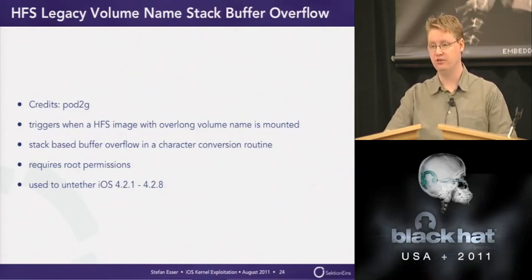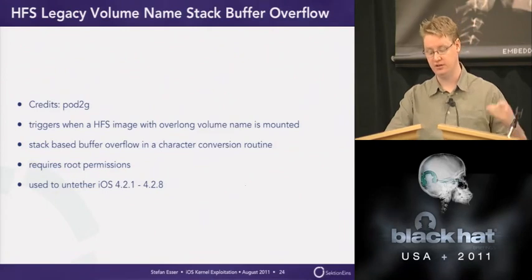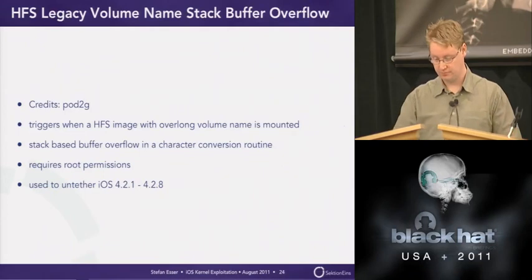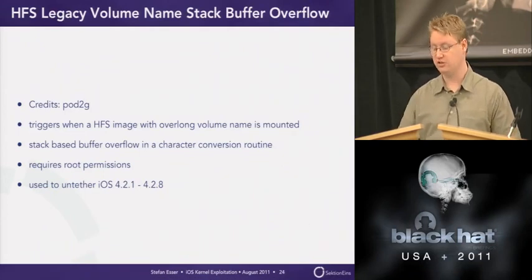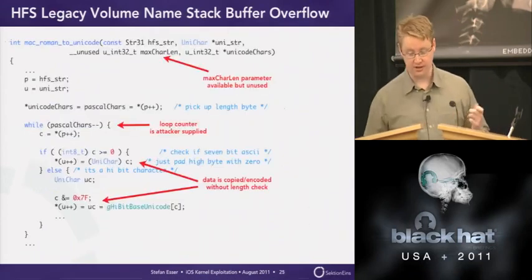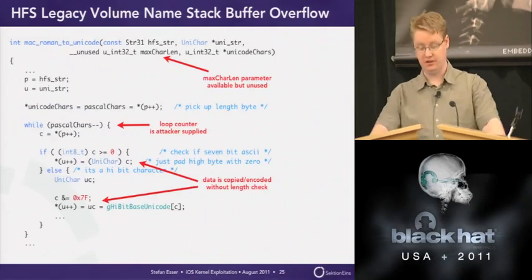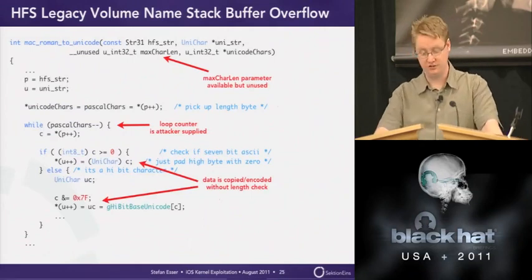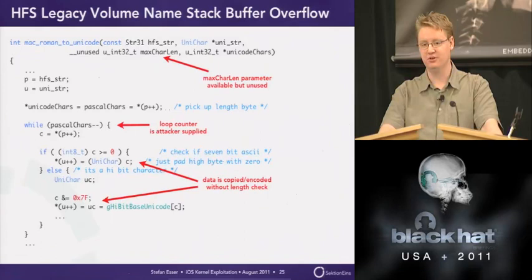When you load an HFS image and it's malicious, then it will trigger a stack-based buffer overflow inside a conversion routine that converts from Mac Roman to Unicode. Here's the function that does that. The most ironic thing here is that there's a parameter to this function called max_charlen, which is unused. It's always a good idea to pass the maximum length and then not use it.